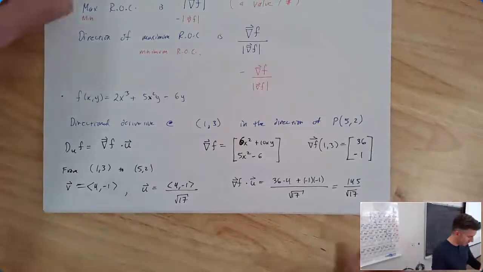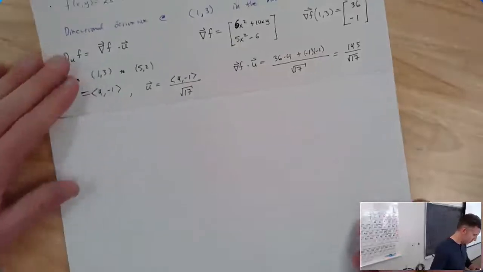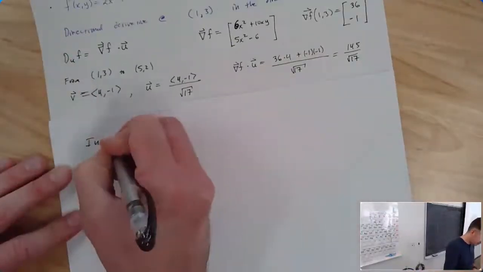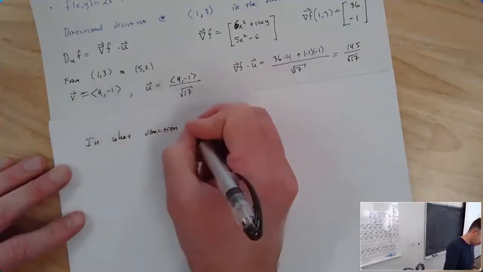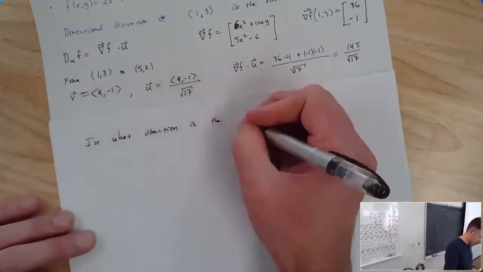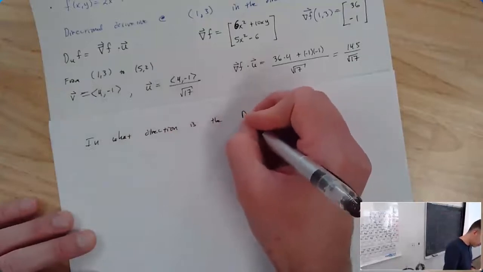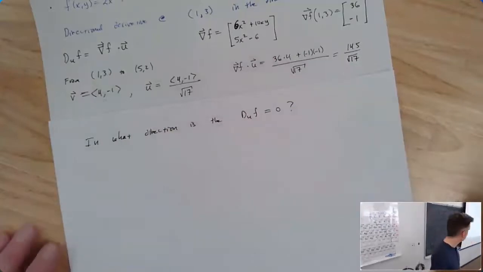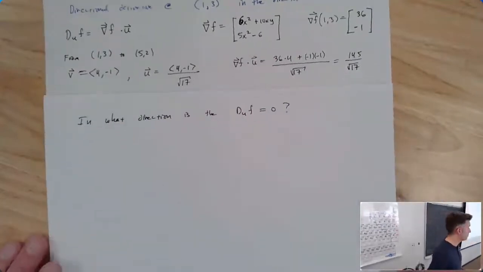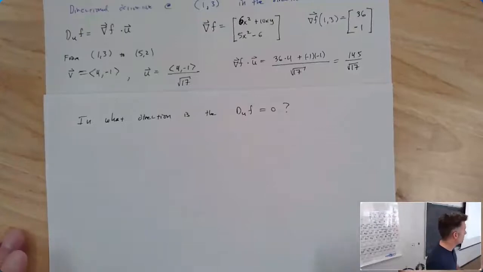A question apparently that he likes to ask, for the same one, is: in what direction is the directional derivative going to be 0? There are a lot of ways you could say the same thing.